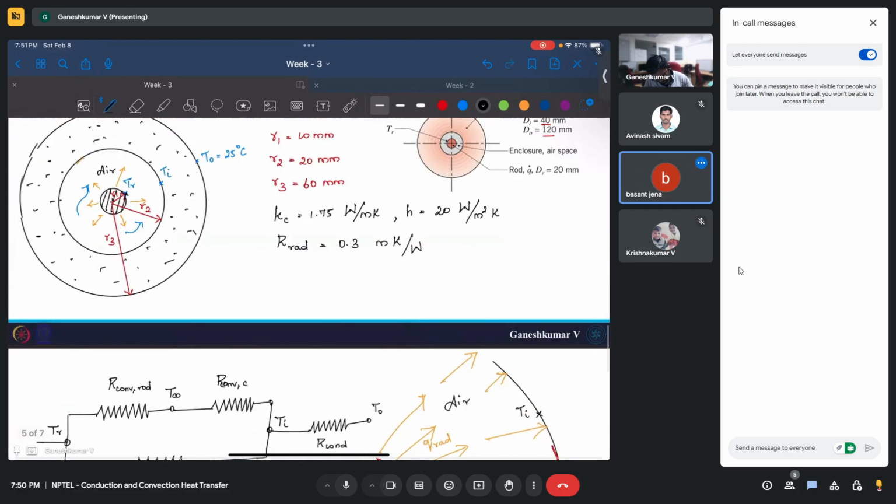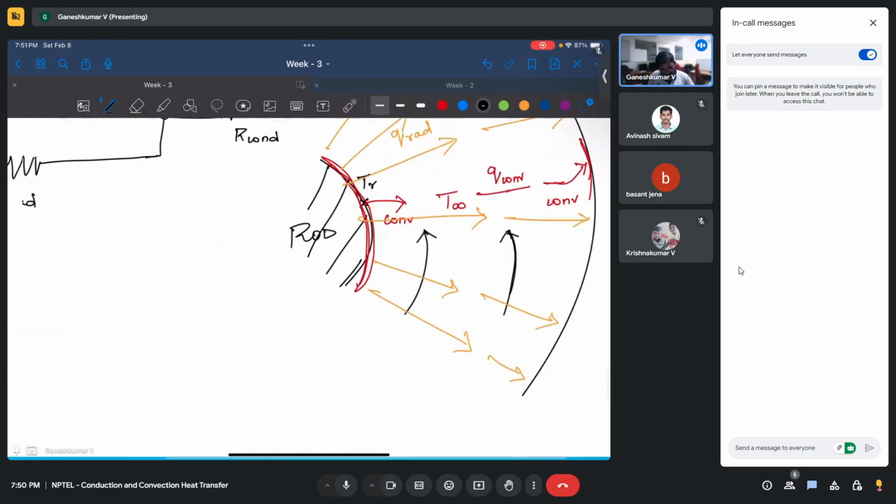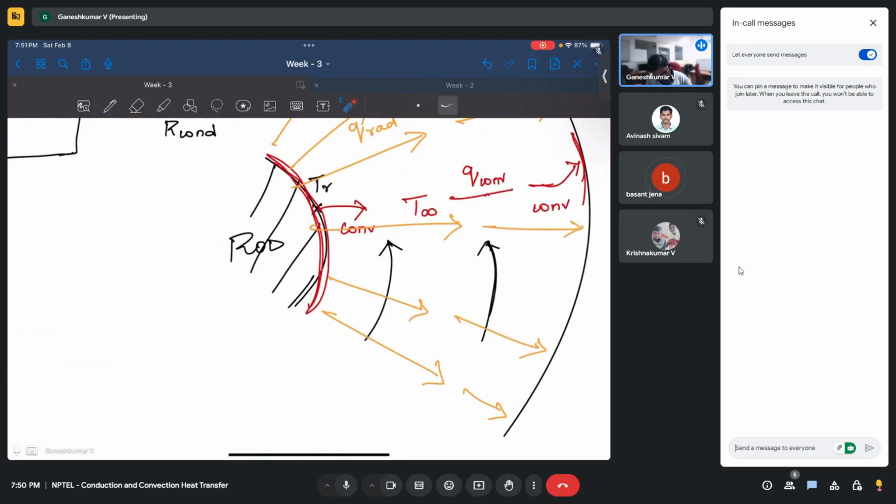Since you have radiation and also you have air enclosed, you have two convection and one radiation. But the two convection are in series, because whatever heat goes from the surface to infinity can only enter from infinity to this surface, both through convection.